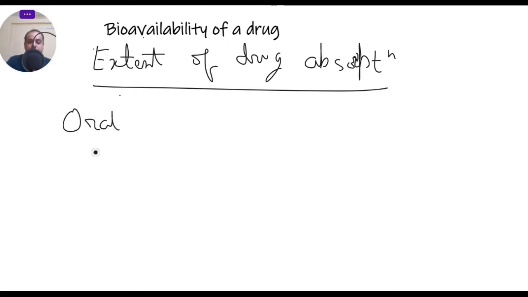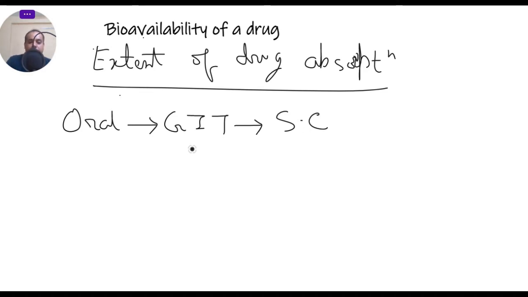So this drug will be absorbed from the GIT and ultimately it will reach the systemic circulation, right?